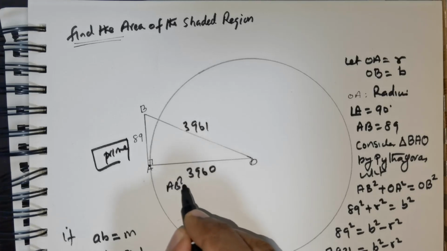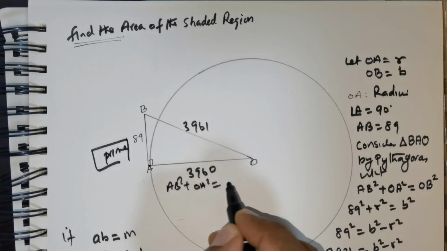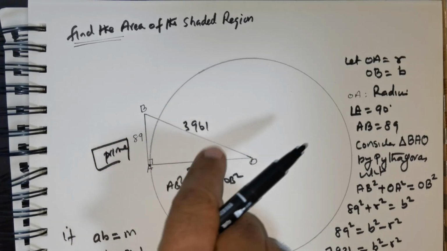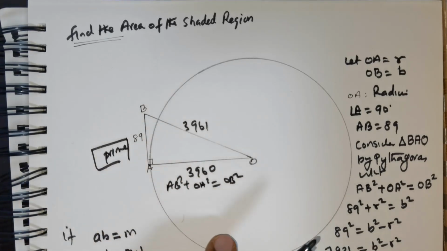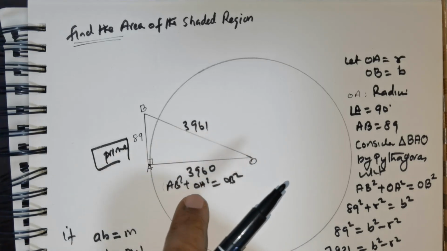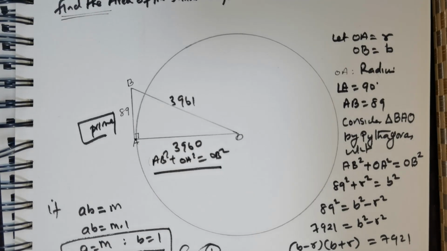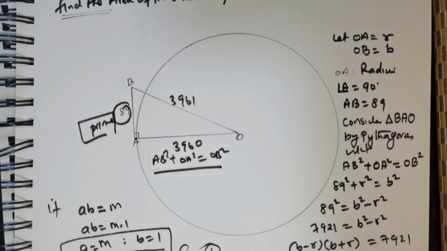AB squared plus OA squared is equal to OB squared. So this is the only quantity that will solve this. In other words, you will not get any other Pythagorean triple to satisfy the Pythagoras theorem. That's not going to happen, because this number is a prime number.